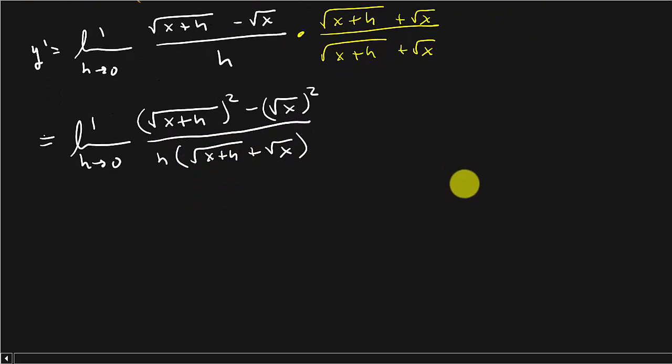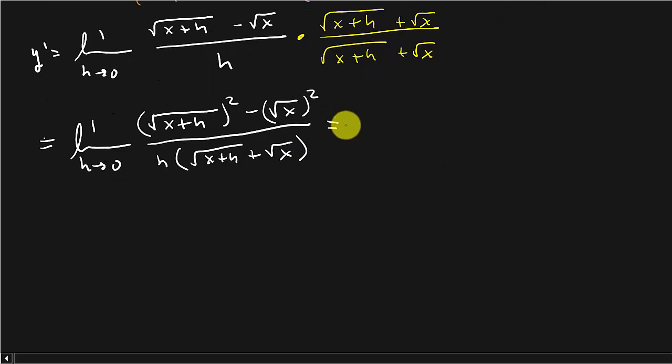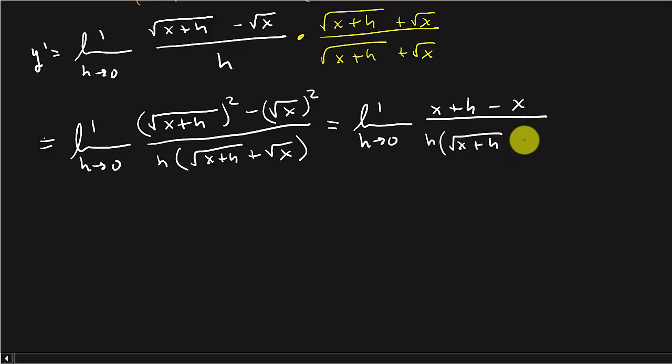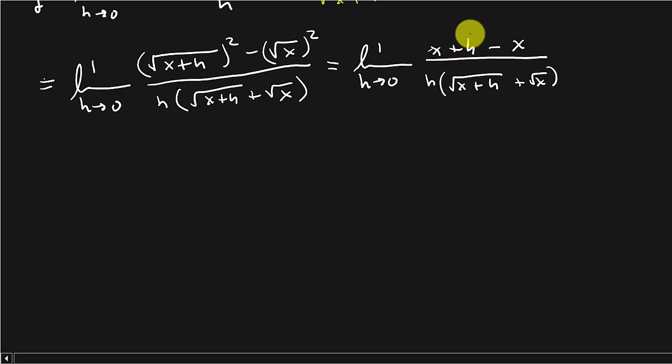All right. And so this is going to be the limit as h goes to 0 of square root. That square root symbol is gone. X plus h minus x over h times square root of x plus h plus square root of x. And you can see here how the x's cancel out.